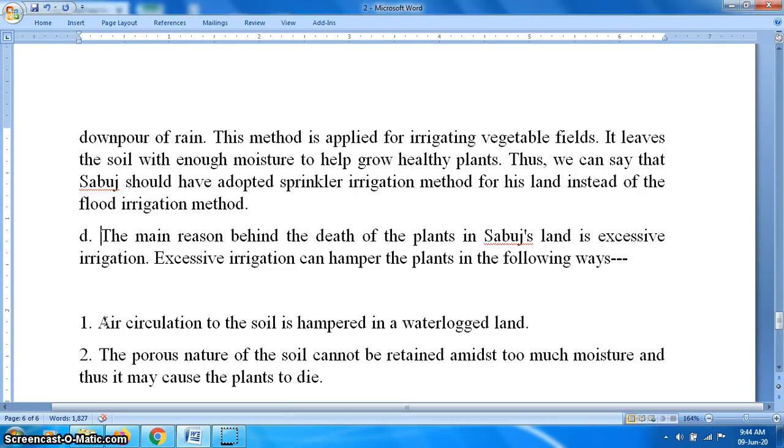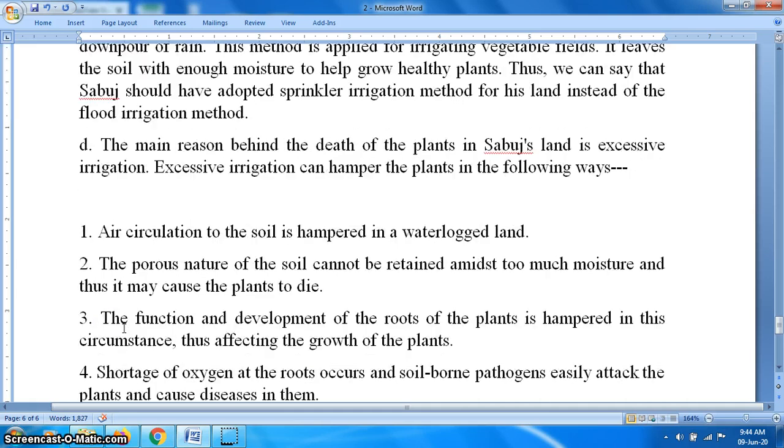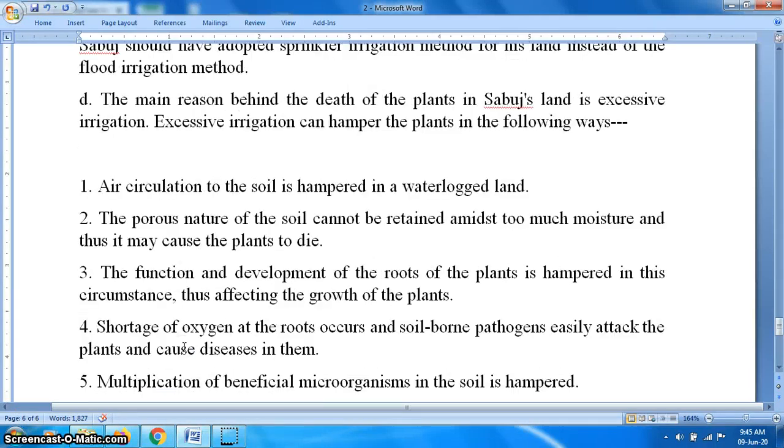1. Air circulation to the soil is hampered in a waterlogged land. 2. The porous nature of soil cannot be retained amidst too much moisture, and thus it may cause the plant to die. 3. The function of development of roots of the plant is hampered in these circumstances, thus affecting growth of the plants. 4.